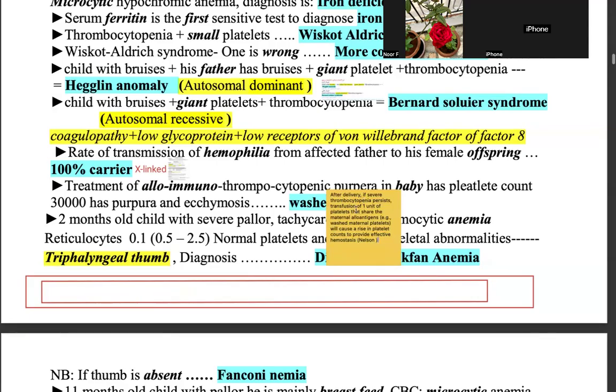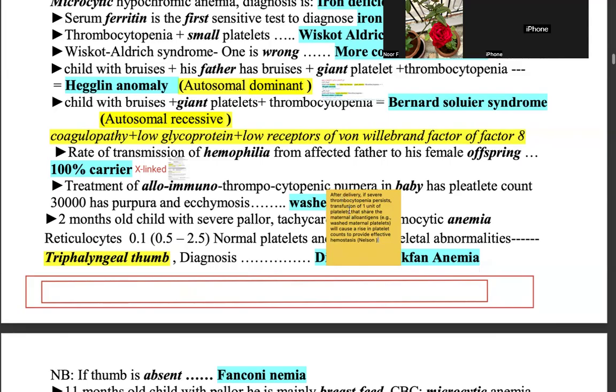After delivery, if severe thrombocytopenia persists, transfusion of 1 unit of platelets that share the maternal alloantigens, example, washed maternal platelets, will cause a rise in platelet counts to provide effective hemostasis. This is from Nelson. So for alloimmune thrombocytopenic purpura in a baby whose platelet count is 30,000, you will give washed platelets from the mother.